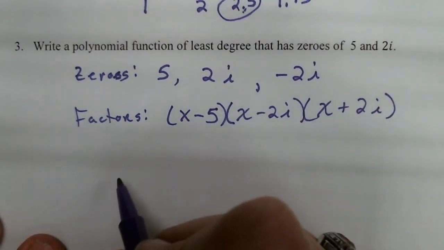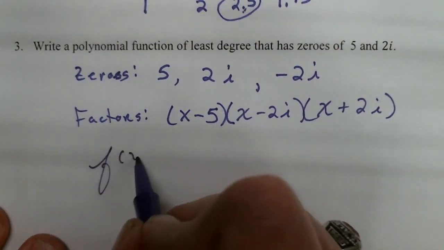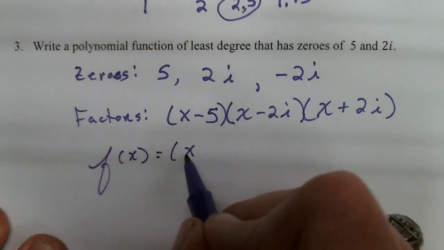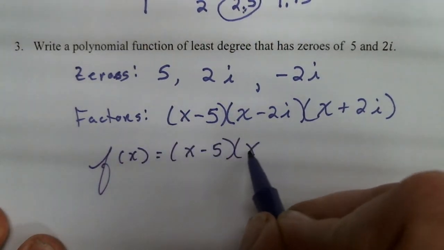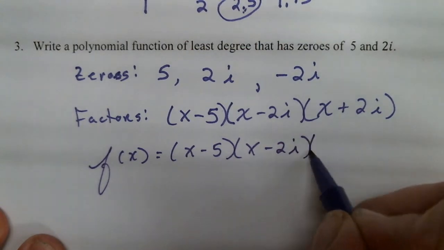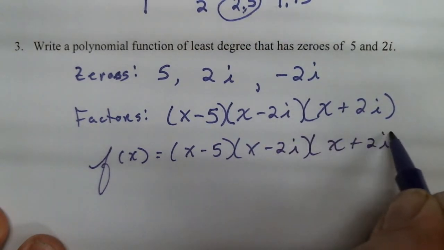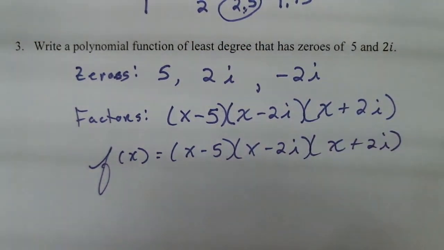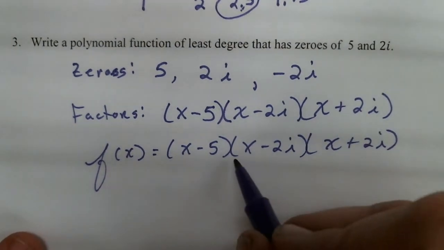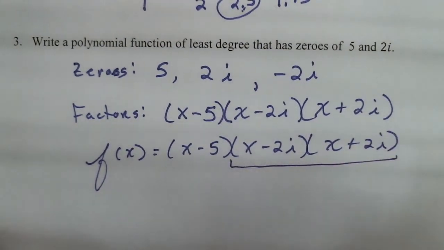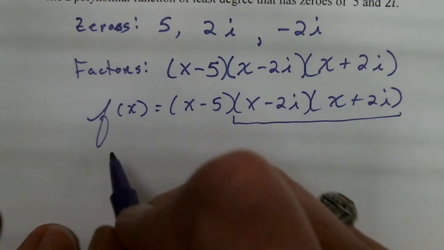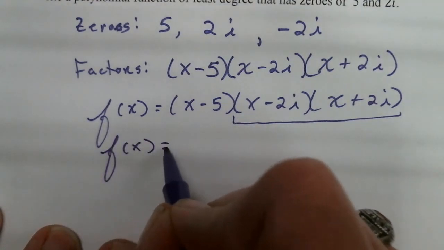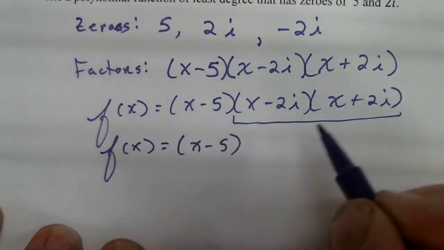Okay, now to make it into a polynomial function, put it in function form. We do x minus 5 times x minus 2i times x plus 2i. Then we have to multiply these all together. Start by doing the two factors with imaginary parts. f of x equals x minus 5.